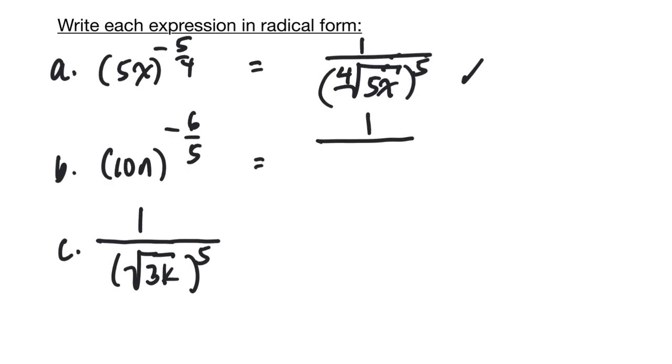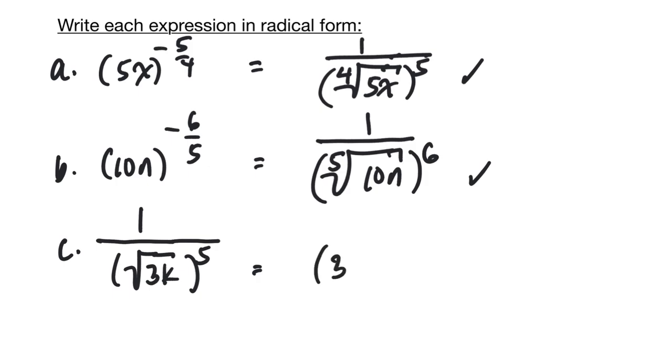That's going to be 1 all over the fifth root of 10n raised to 6. Last but not the least, this is going to be 1 all over the root of 3k raised to 5. So this is going to be the opposite of your definition today, and that's going to only give you 3k raised to negative 5 over 2.